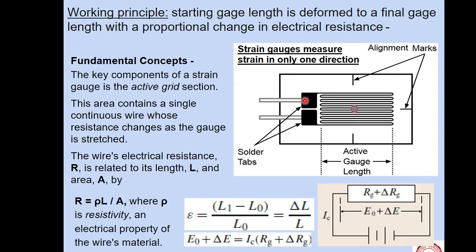There is an initial material. See, this particular area was a thin strip of metal. The material of the strain gauge was there, and from it some part is etched out. So the remaining part is like this.